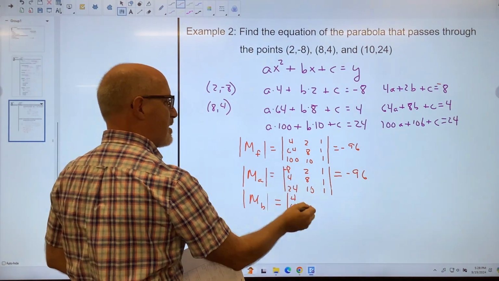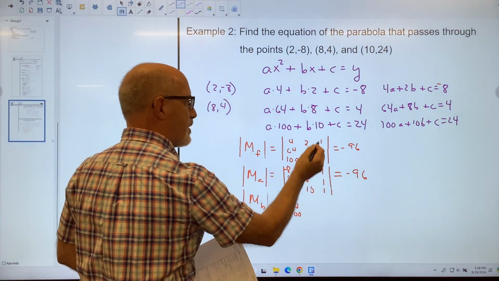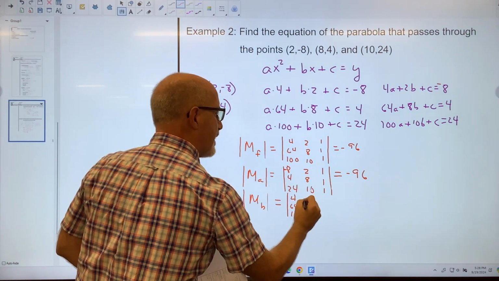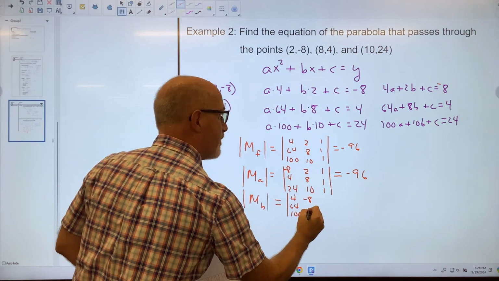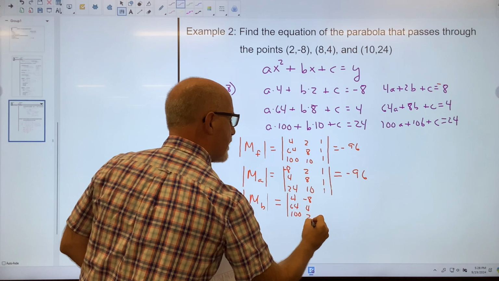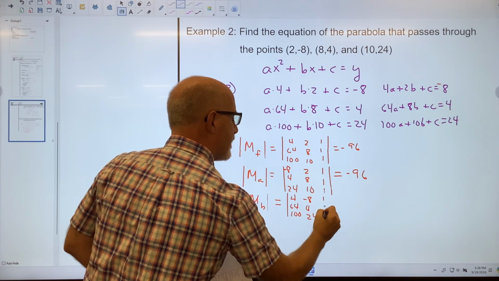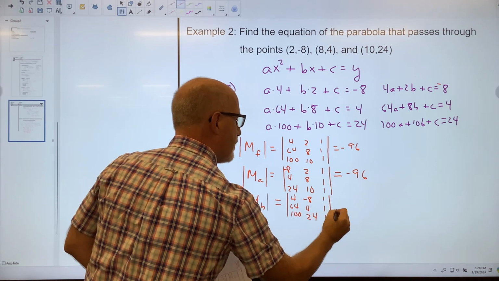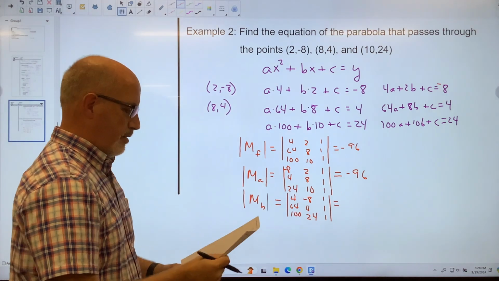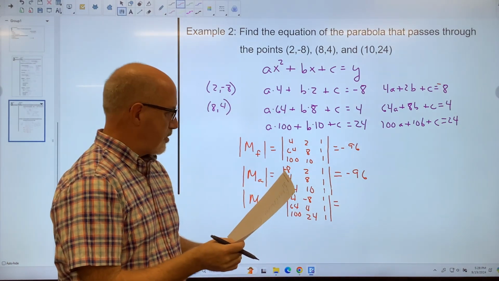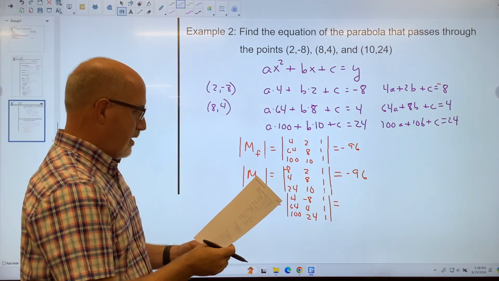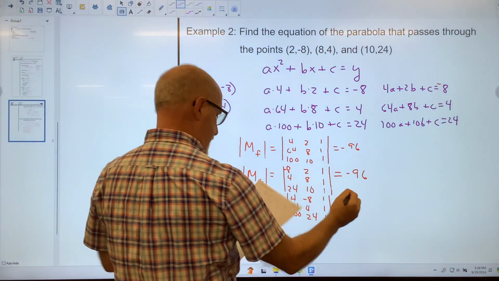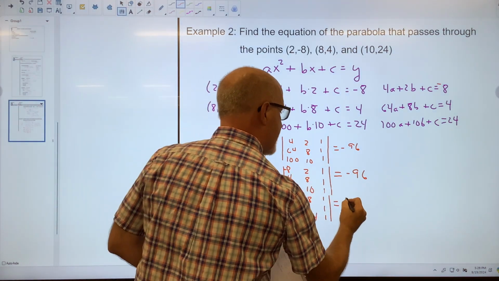And then I replace the B coefficients with the constants, which are going to be negative 8, 4, and 24. And then leave the C coefficients alone. All right, now I double check that one just to make sure. Okay, and then when I do that on my calculator, I get 768.